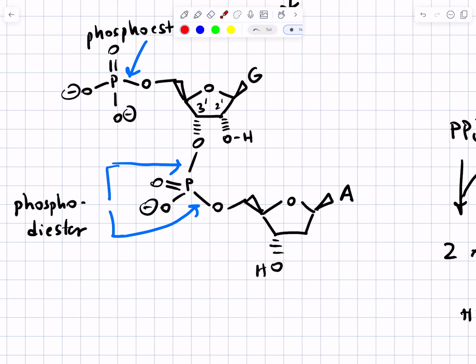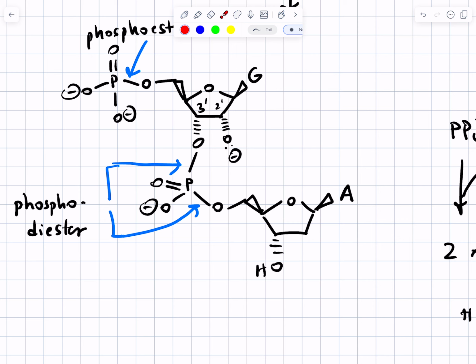Now, under basic conditions, you could imagine this 2' hydroxyl group getting deprotonated. And then you have a phosphorus atom that's electron poor because it's bonded to 4 oxygens, and you've got a nucleophile really close to it. That oxygen can attack the phosphorus, and you can actually break one of these diester linkages.